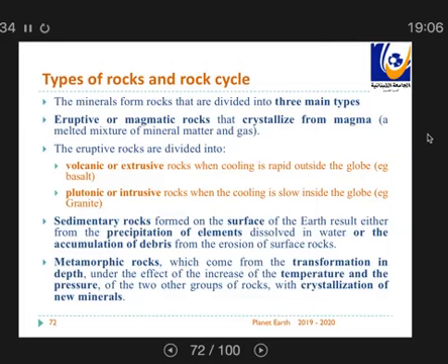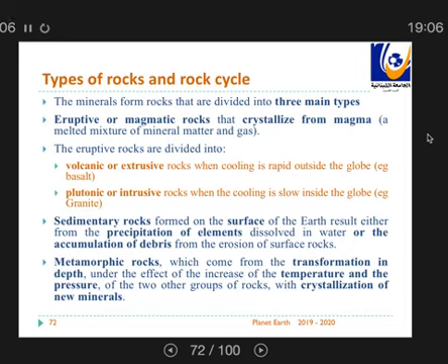We are arriving at the last part in the chapter about the lithosphere, and we will quickly present the types of rock and the rock cycle that you will see in detail in the second year, next year. So the minerals form rocks, and rocks are separated into three main types: eruptive or magmatic rocks that crystallize from magma.